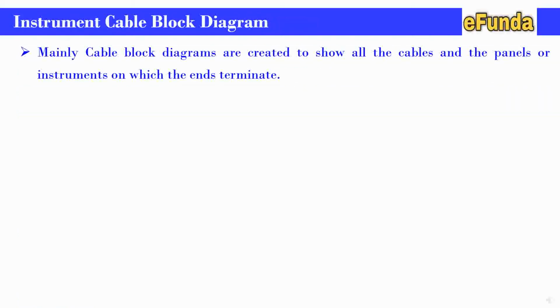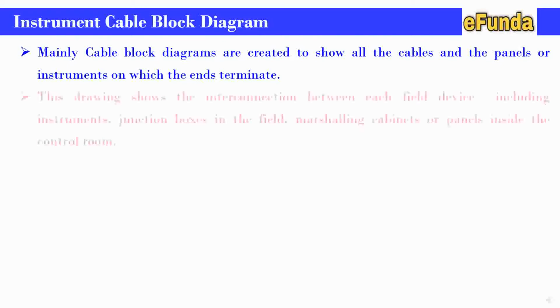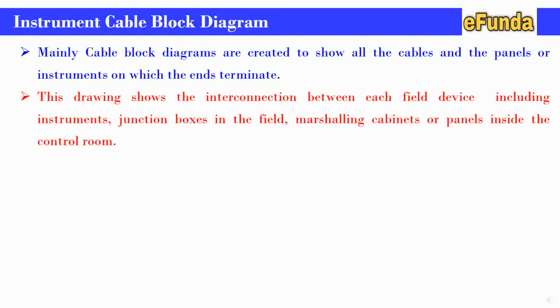Mainly, cable block diagrams are created to show all the cables and the panels or instruments to which the ends terminate. This drawing shows the interconnection between each field device, including instruments, junction boxes in the field, marshalling cabinets or a panel inside the control room.